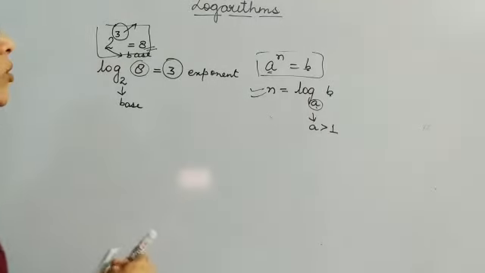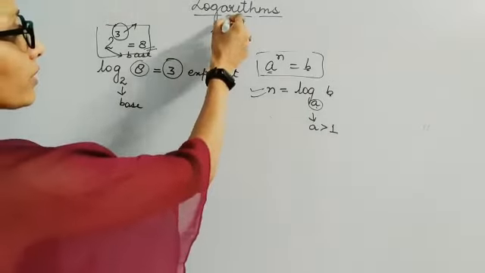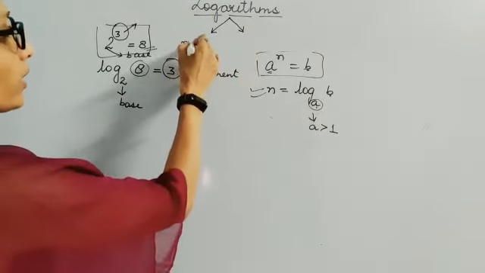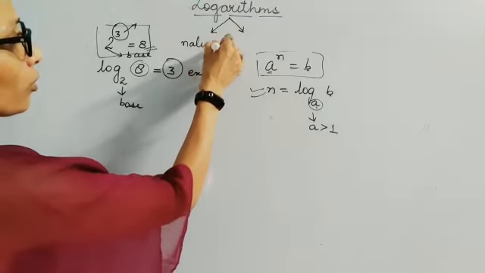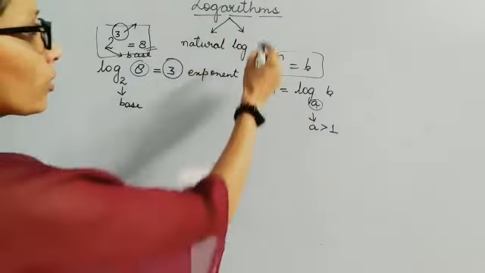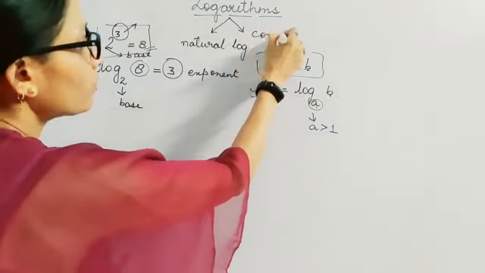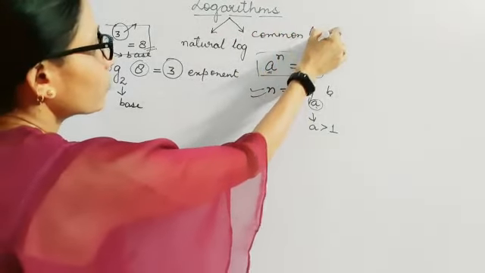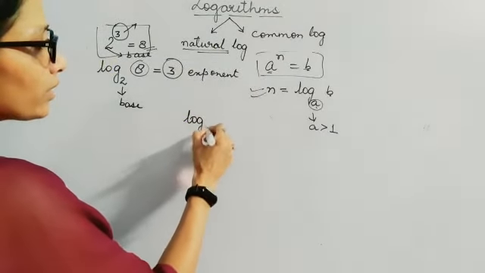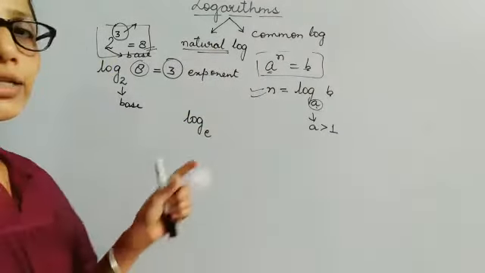Children, now logarithm can most commonly be written in two forms. One is natural log, and the other is common log. Now, why do we call it natural log? If your base is e, then it is known as natural log.